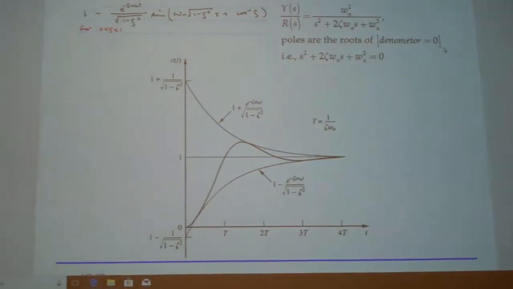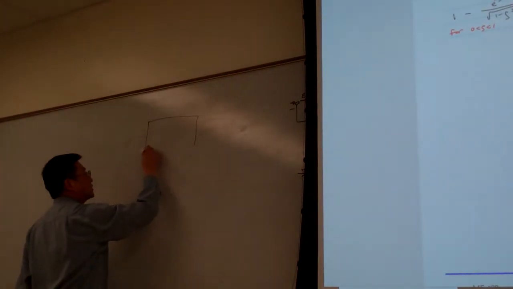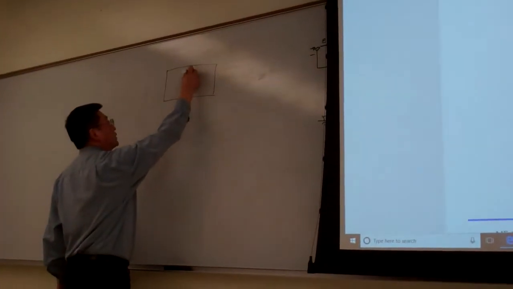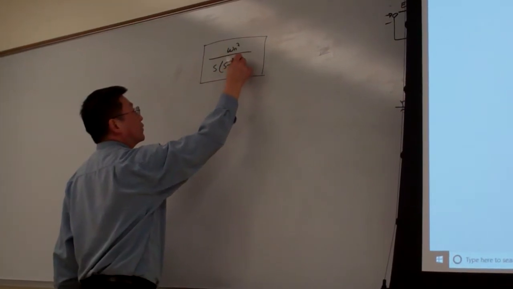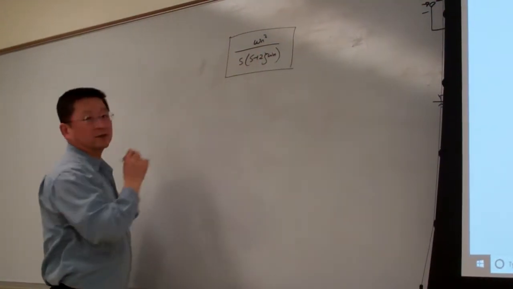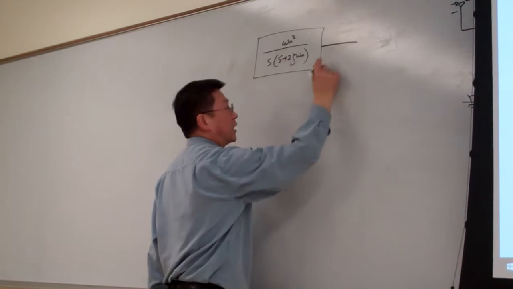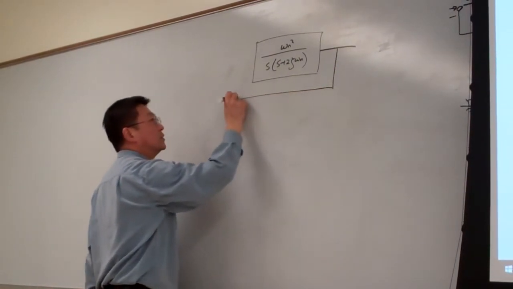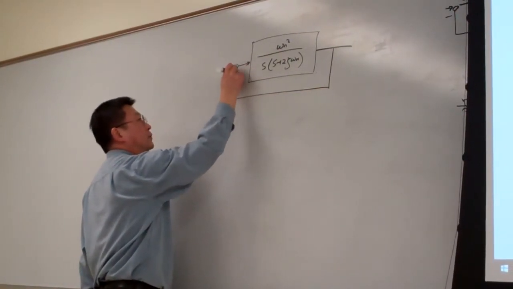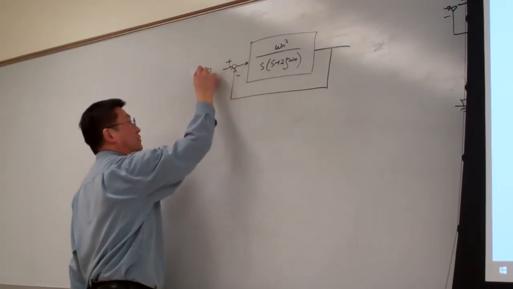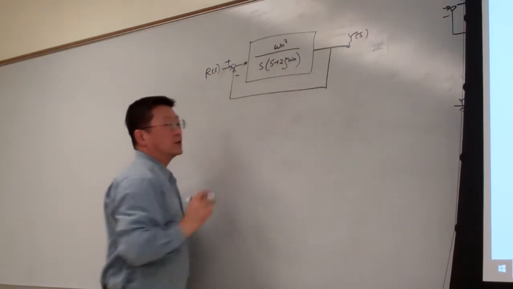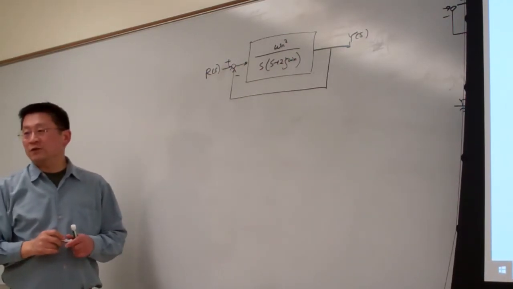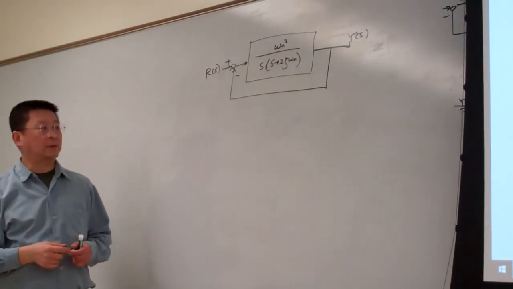If you remember, that is the system omega n squared over s times s plus 2 zeta omega n. We consider this particular system and put it into unity feedback. This is the input, this is the output. This is the particular system we picked for introducing this concept.